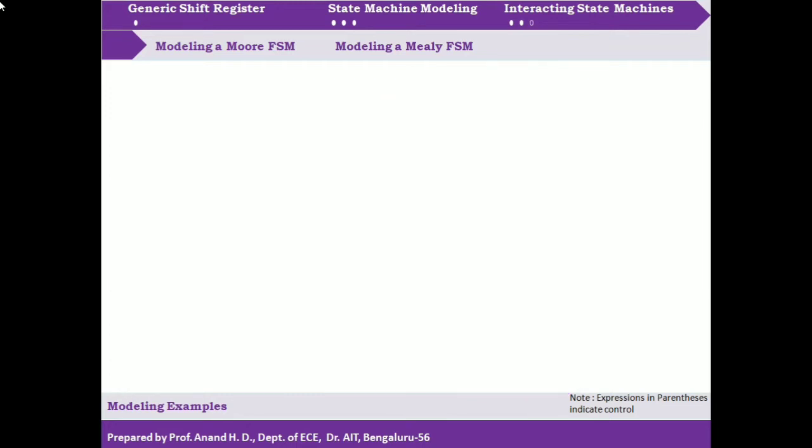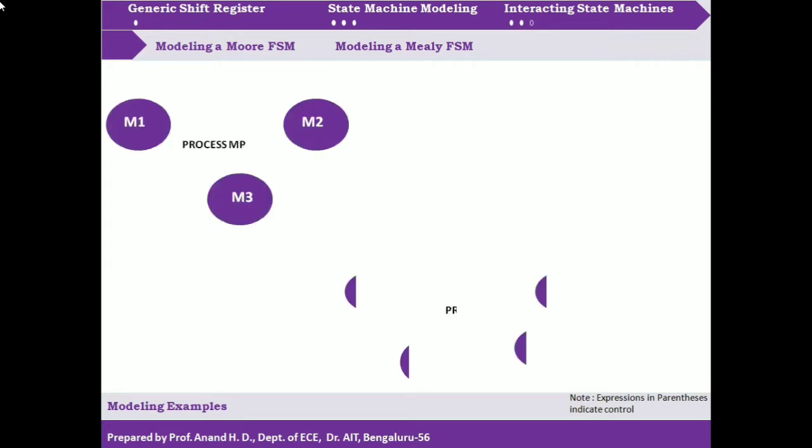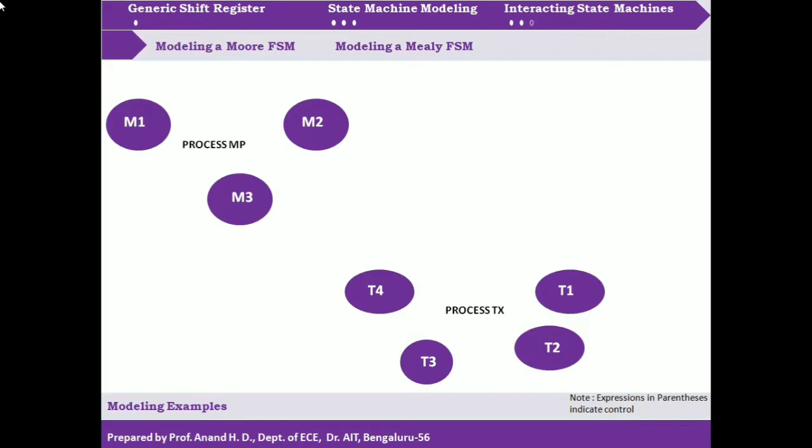Okay. So for better understanding, let us go through the pictorial representation again. What we saw till now is we had two processes, process MP and process Tx. Initially when the load_Tx, which is asserted by process MP, is 0, it remains in the same state, that is the T1 initial state only.